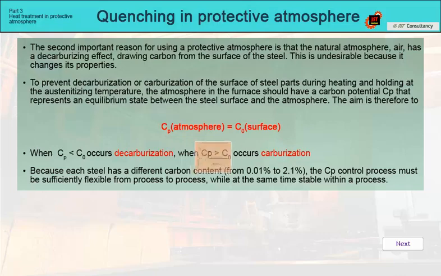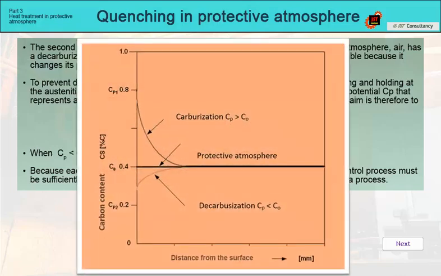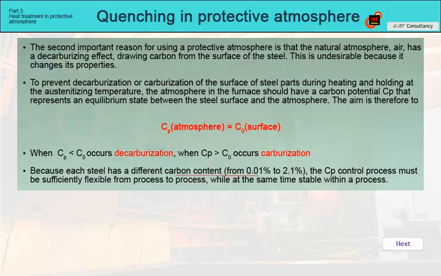If the carbon potential of the atmosphere is less than the carbon content of the steel, decarburization occurs. If it is greater, carburization occurs. Since each steel has a different carbon content, from 0.1% to 2.1%, the Cp control process must be sufficiently flexible from process to process, and at the same time stable within the process.